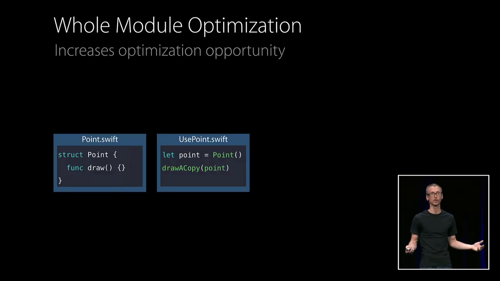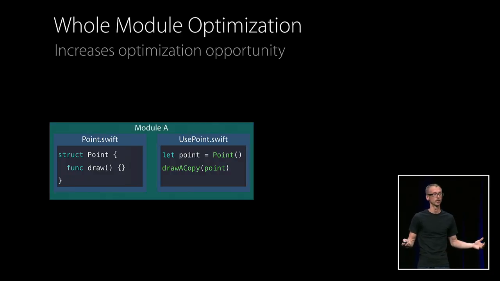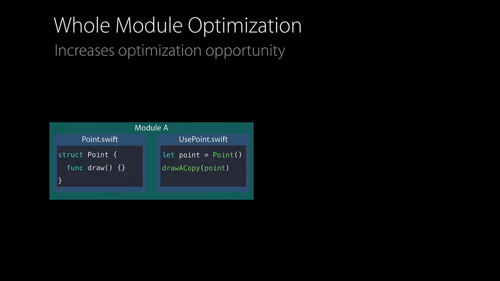However, with whole module optimization, the compiler will compile both files together as one unit and will have insight into the definition of the point file. And optimization can take place. Because this so greatly improves the optimization opportunity, we have now enabled whole module optimization by default in Xcode 8.